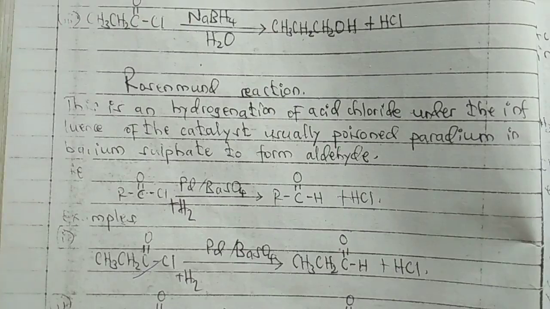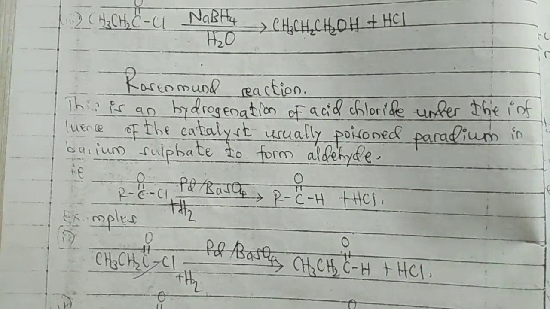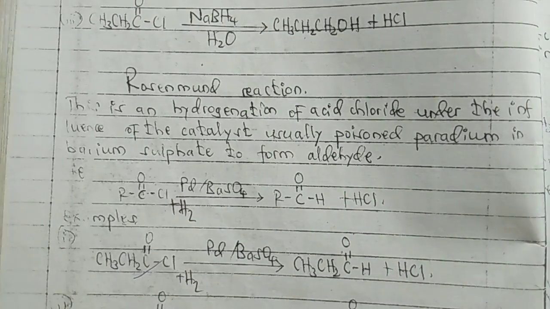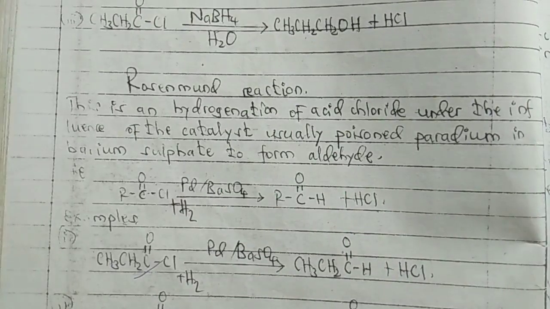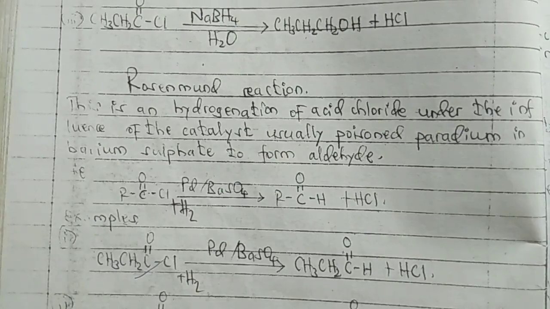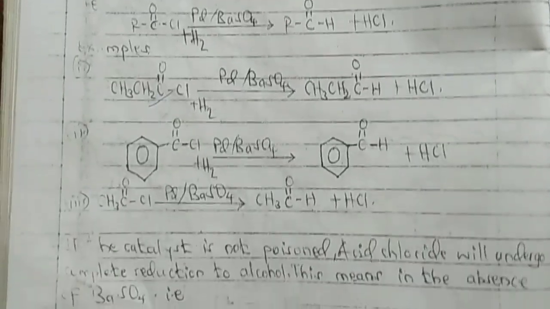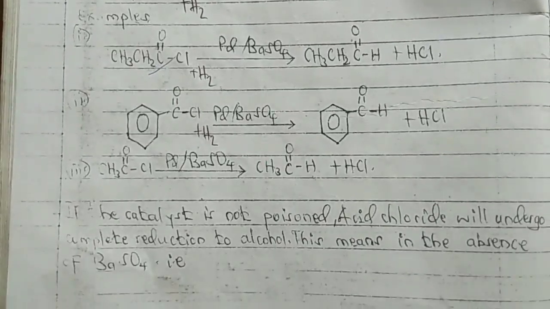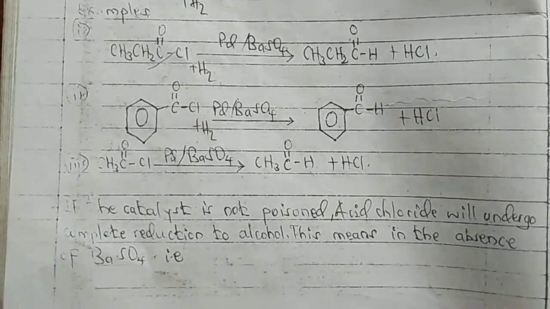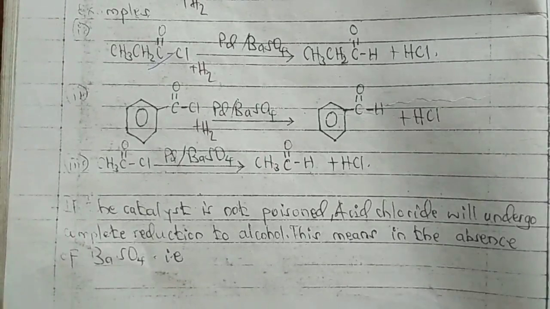Kwa hiyo barium sulfate is poison, and that's why tukimix na palladium tunasema it is poisoned palladium catalyst. Tunaenda kupata aldehyde and hydrogen chloride. If the catalyst is not poisoned, the acid chloride will undergo complete reduction to alcohol.